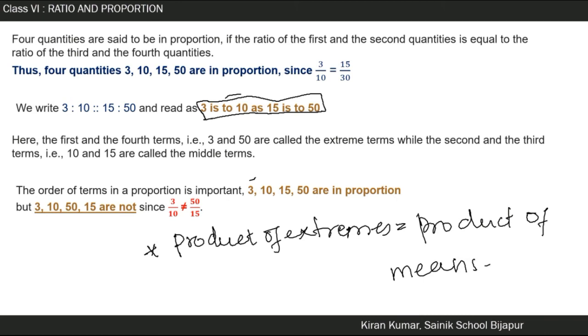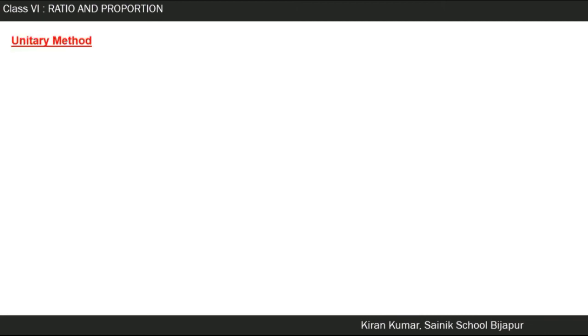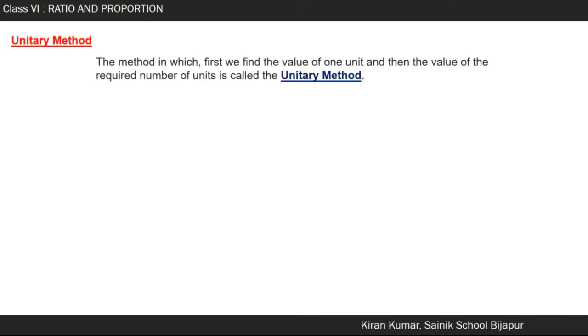You have come across the unitary method in your previous classes. In the unitary method, first we find the value of one unit and then we find it for the required number of units. This method is known as the unitary method.